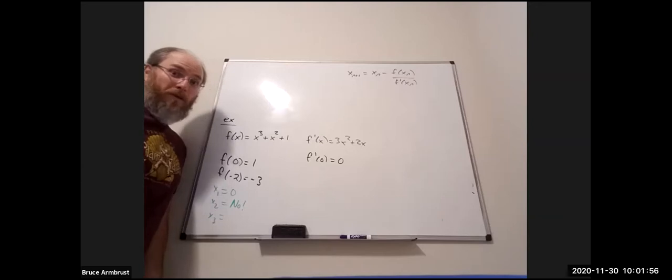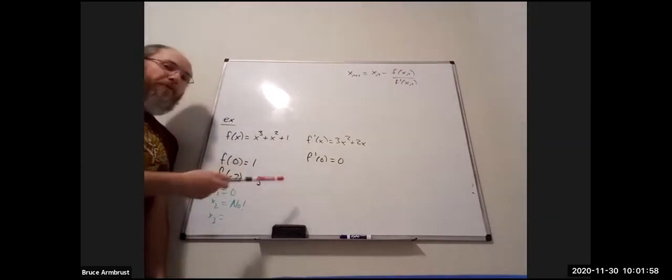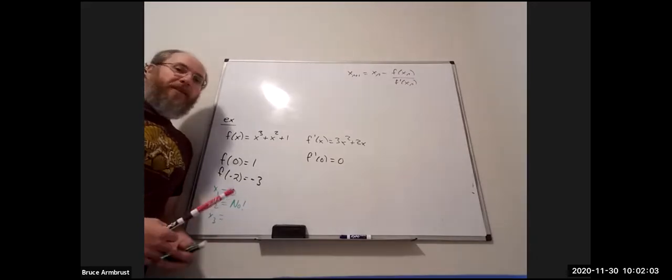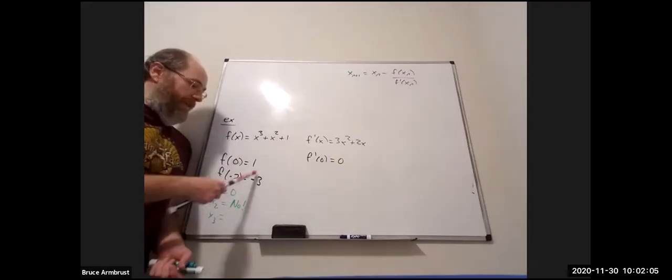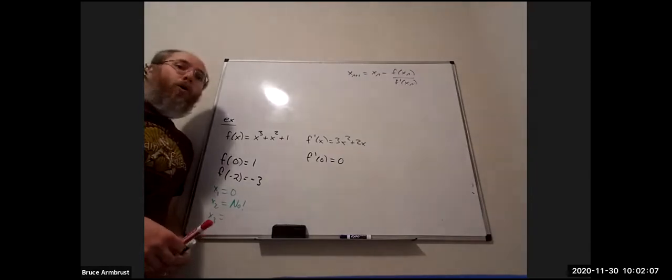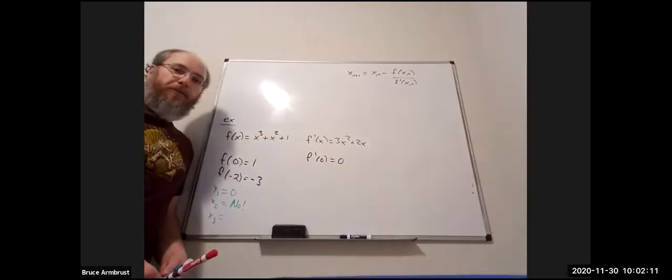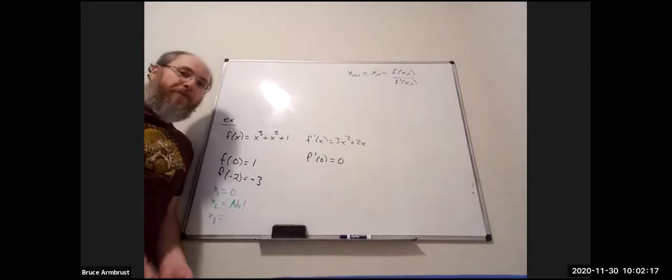The answer is none, right? They don't. So here is one of the things that can happen with Newton's method: your initial guess, like in this case, or a subsequent guess could actually bring you to a place where you have a horizontal tangent line. If that occurs, Newton's method's going to fail.